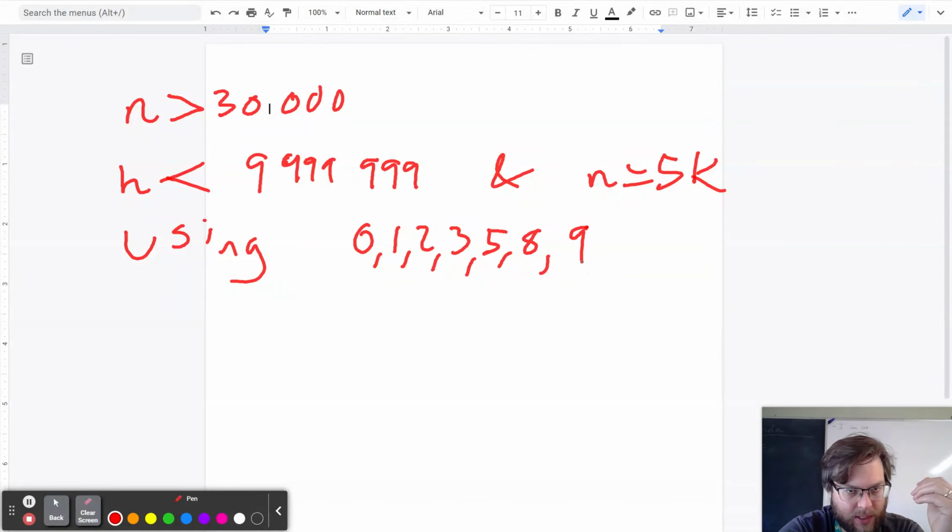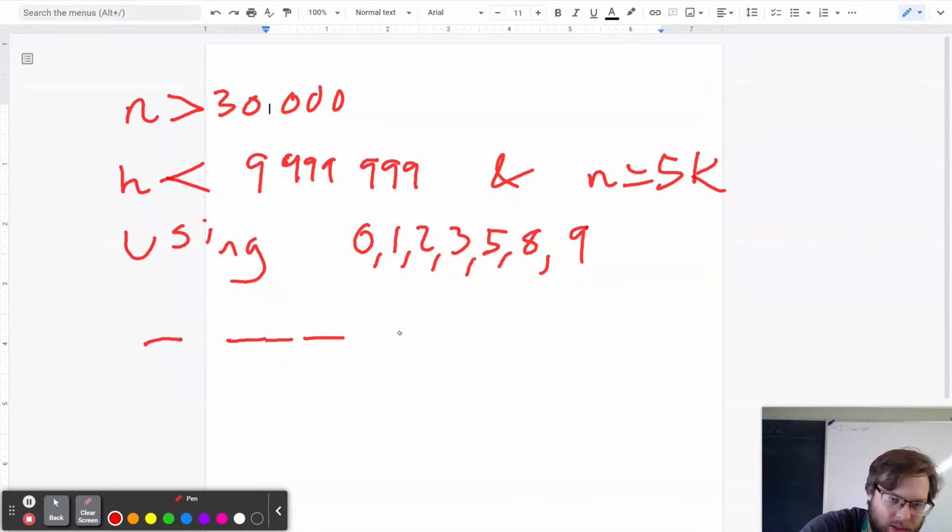Okay, so let's go through the number of possibilities here. How many digits are there? There's 1, 1, 2, 3, 1, 2, 3.